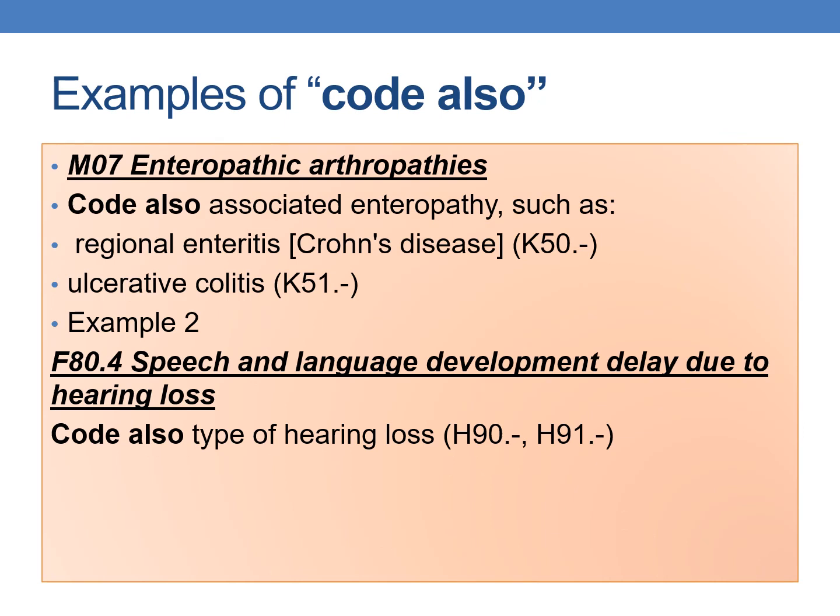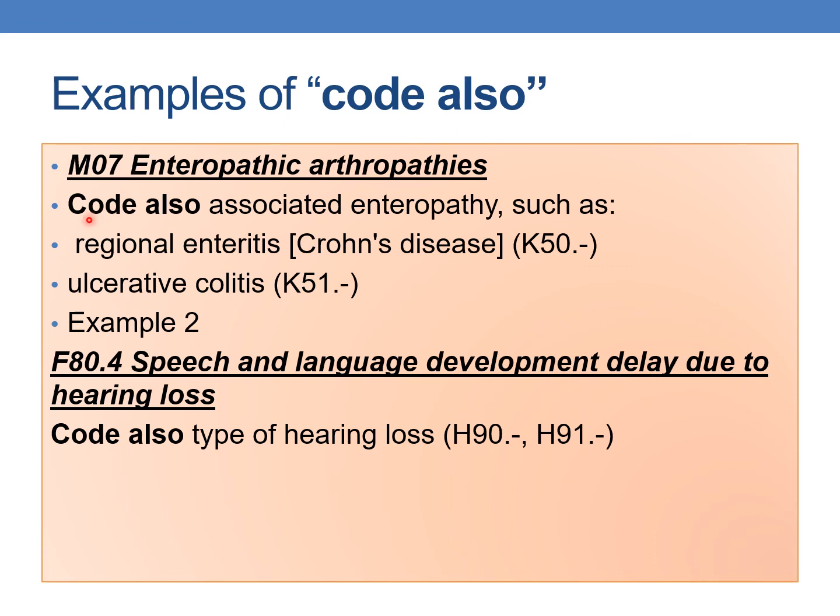Now examples of code also. In this M07, enteropathic arthropathies. So before coding enteropathic arthropathies, under it you can see code also associated enteropathy. An enteropathy must be associated with enteropathic arthropathies such as regional enteritis or ulcerative colitis.